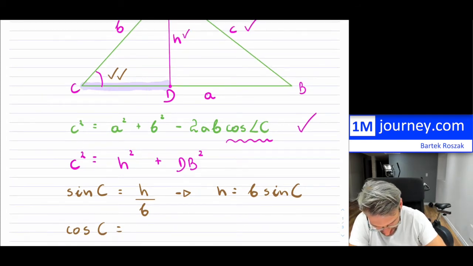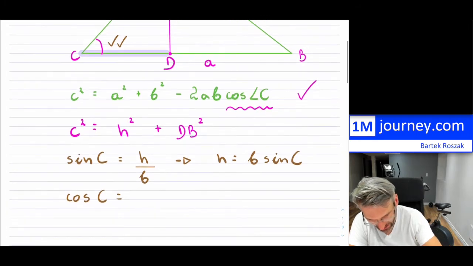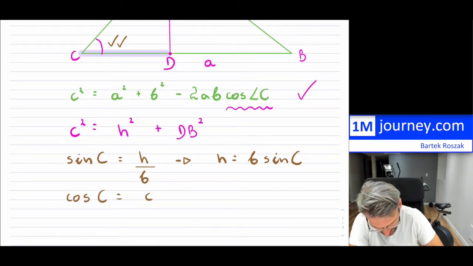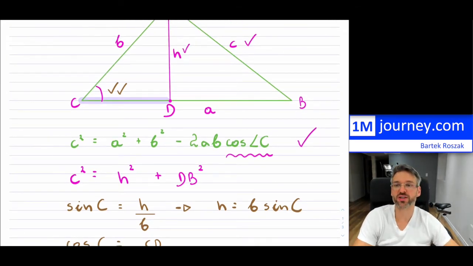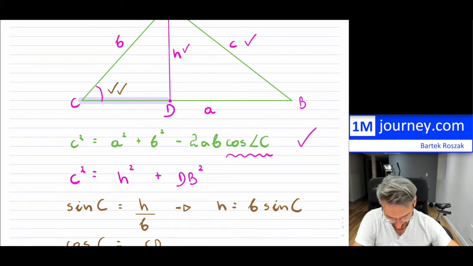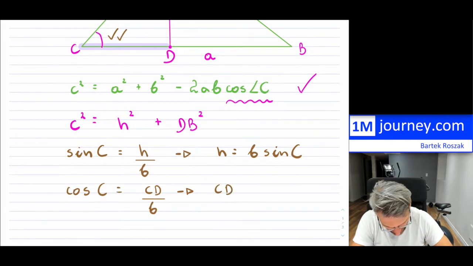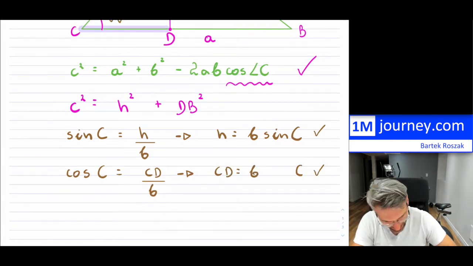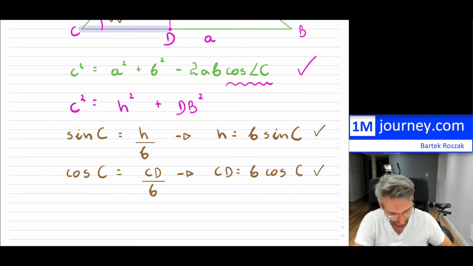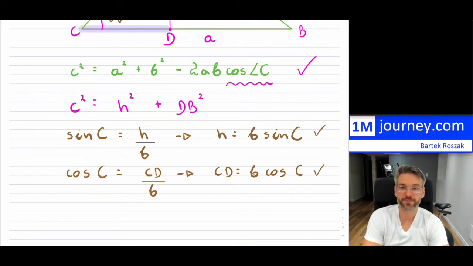So this is the adjacent side right there, and you'll see why we need that shortly. That adjacent side I'm going to designate as CD, divided by, again, the hypotenuse, which in this case is just B. And just as I had above, this tells me that this distance CD is equal to B in terms of the angle C. All right.